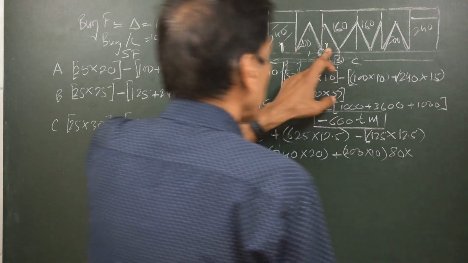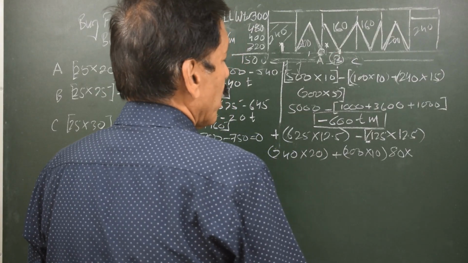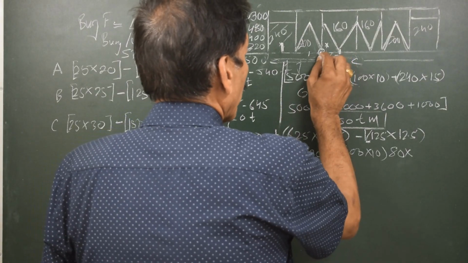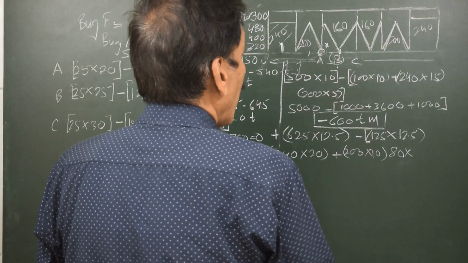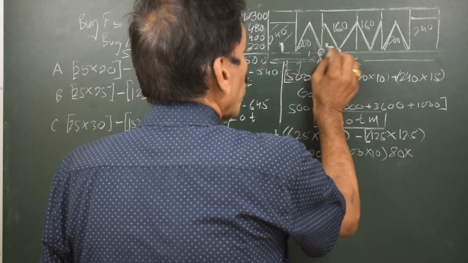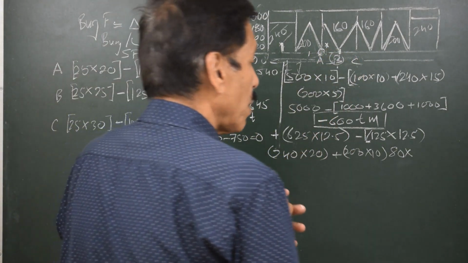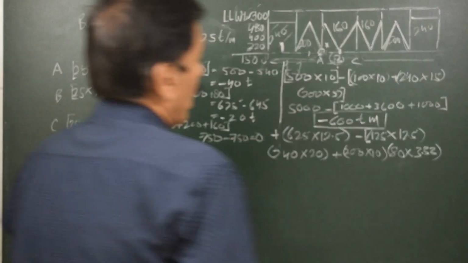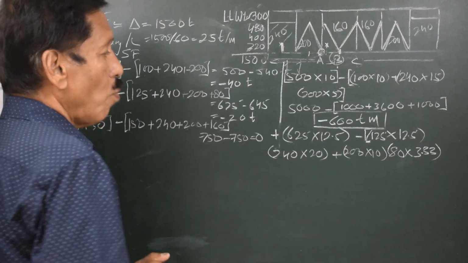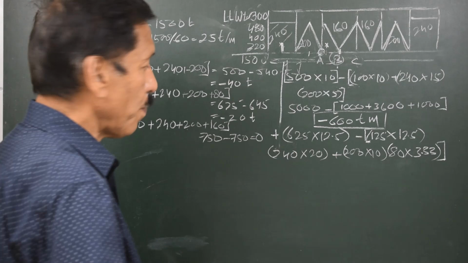But what is the distance of the centroid from the pivot point B? We know the whole length is 10 meters, so half of the whole is 5 meters, and 2/3 of 5 meters is 10 divided by 3, that is 3.33. So these are the anti-clockwise moments. Let us solve them.